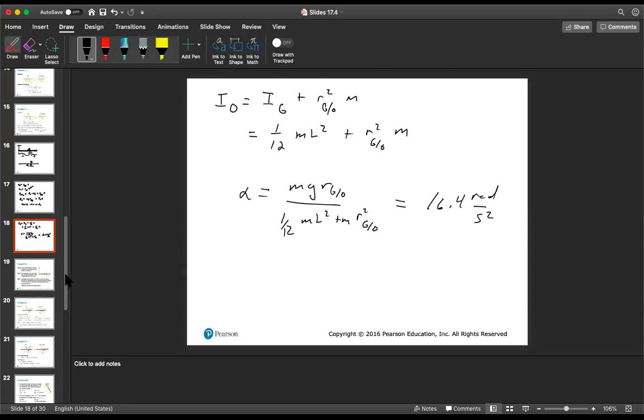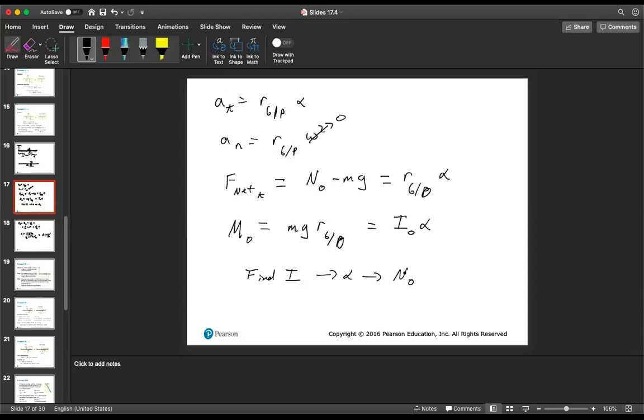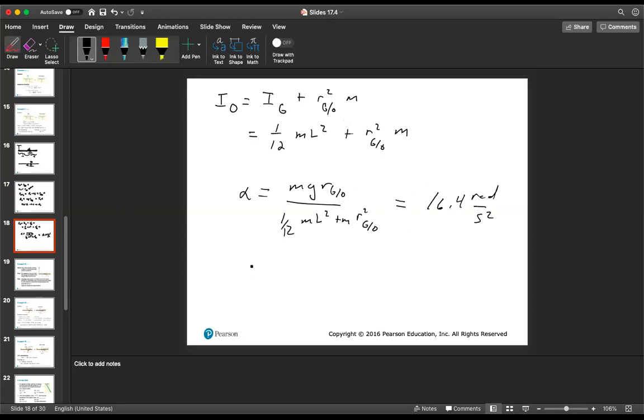Okay, so that's found I, and then I substituted in, found alpha, and then the last thing I wanted to do was to substitute into the tangential force equation to get the normal force in the O direction. When I do that, I get the acceleration.